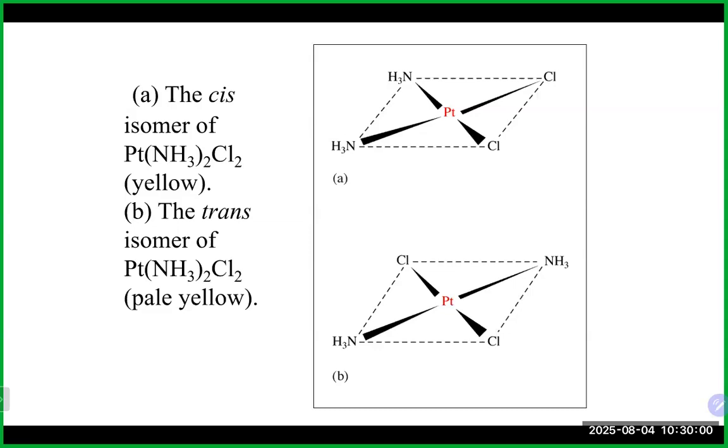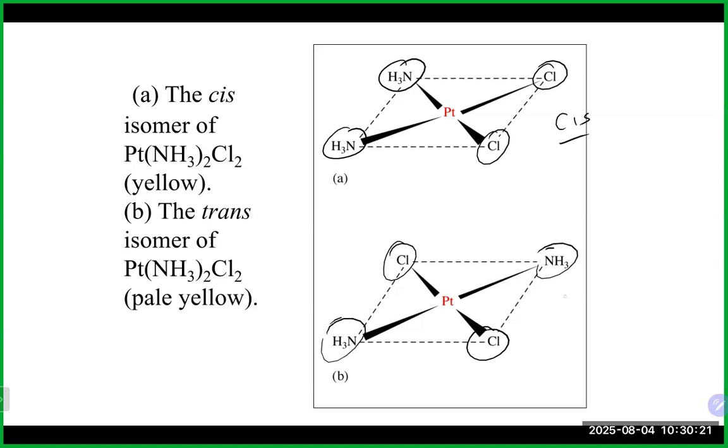So here we have cis Pt(NH3)2Cl2, and here on basically the same side of the plane of the molecule, we have the ammonias, or you could even look at the chlorides if you like, the same side, cis. Down here we have the opposite arrangement of the chlorides. You could also look at the ammonias as well, opposites, and that would give you your trans.